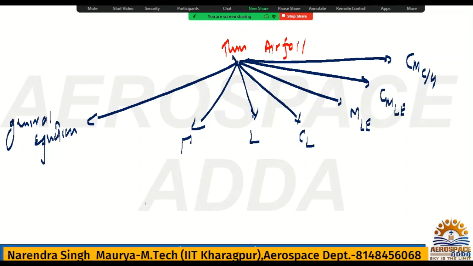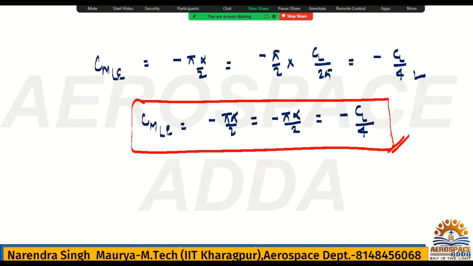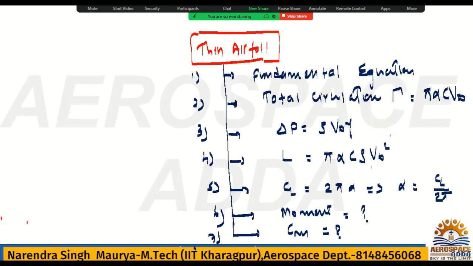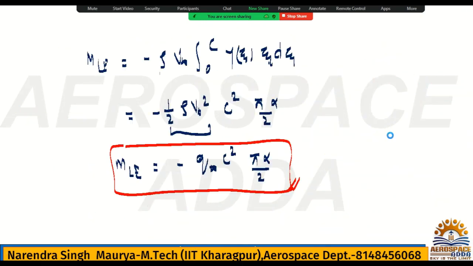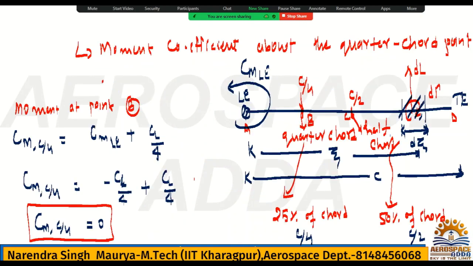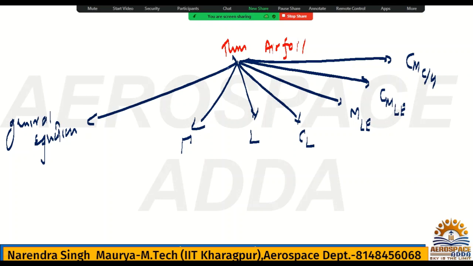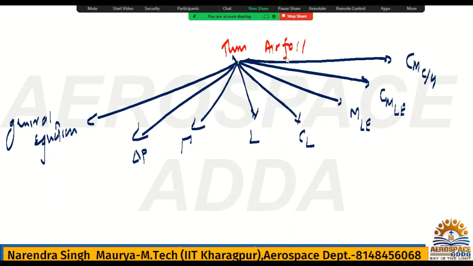These are the parameters. All parameter values you need to remember. I'm sure nothing will be missed. Whatever you have calculated in this thin airfoil is more than enough, and delta P also we have calculated, right? As per my conviction, if you do this much, it is more than enough, no need to go for more and more. All right, fine.